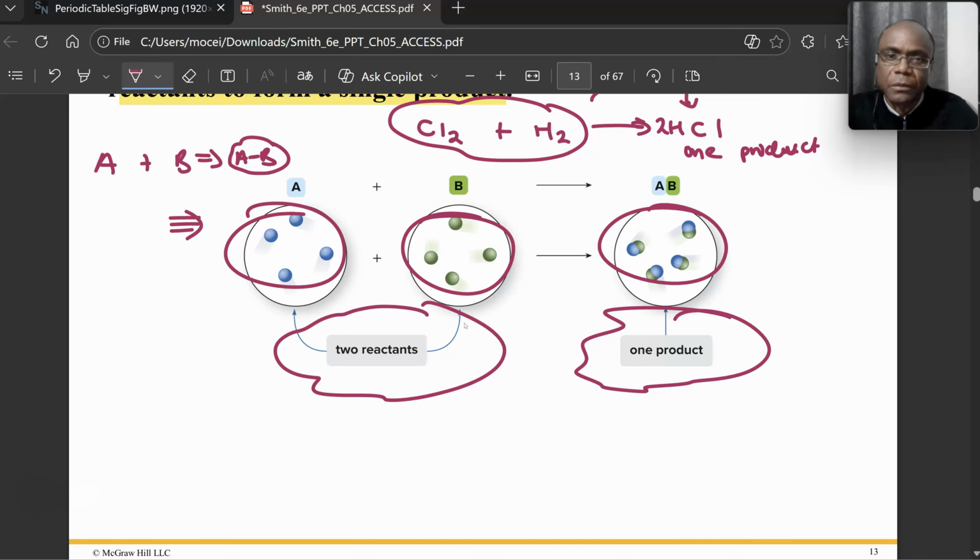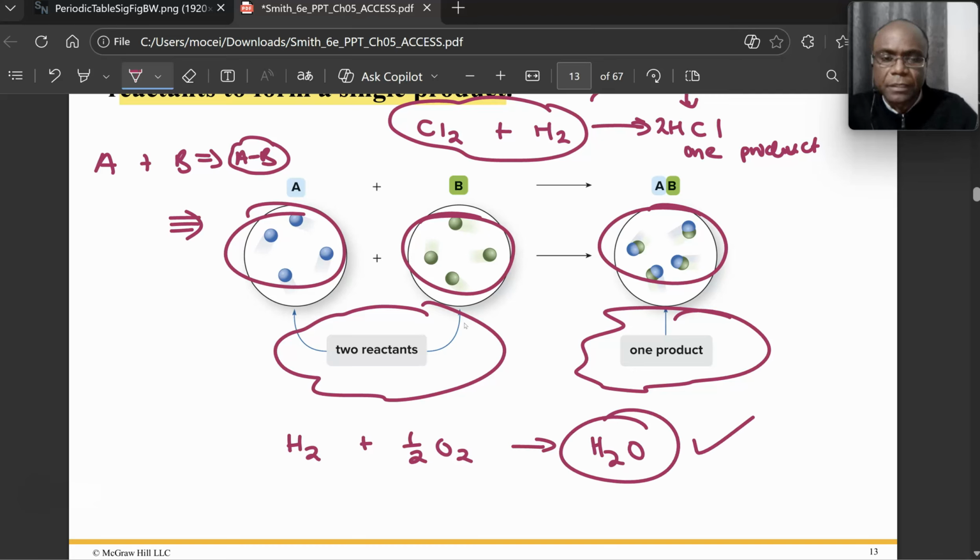I gave you an example of Cl2 and H2. You can also have an example of hydrogen gas and oxygen gas to give you water if it's balanced that way. That's combination. Now if you're going the reverse from the water to the two of them, that would be decomposition, and we can do that by a reaction called electrolysis.